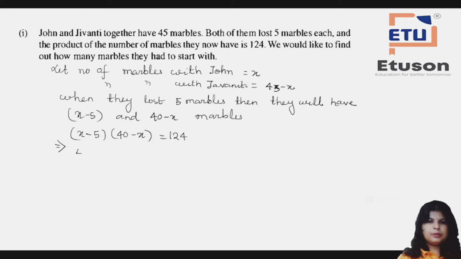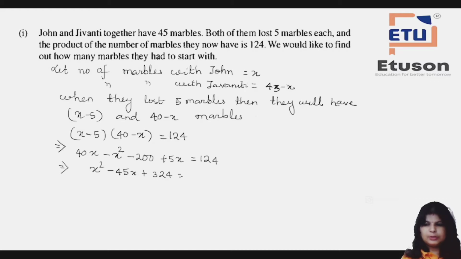You will get x into 40, that is 40x, x into minus x, that is minus x square, then minus 5 into minus 40, that is minus 200, then minus 5 into minus x, that is plus 5x, equal to 124. Taking all the terms to the other side, you will get x square minus 45x plus 324 equal to 0. Correct or not?